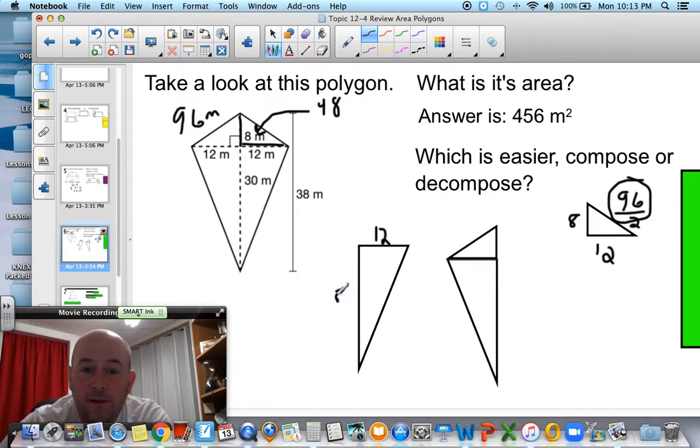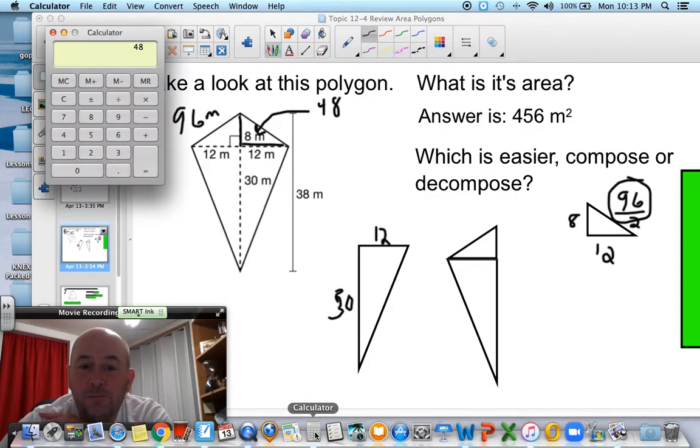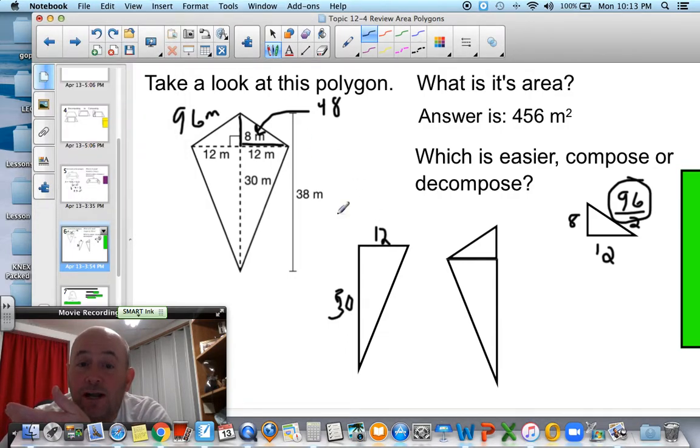So when we do 12 times 30, we get 360. Now, we do know that we have to divide that by 2, which is 180. So each one of those triangles is 180 square meters. Now, if this is 180 square meters, the other side has to be 180 square meters, okay?